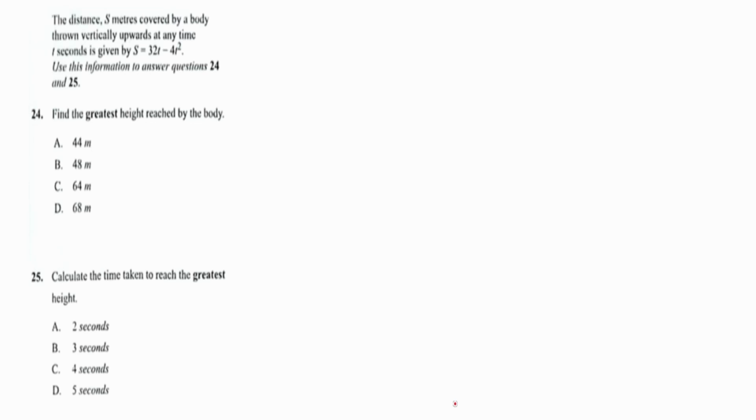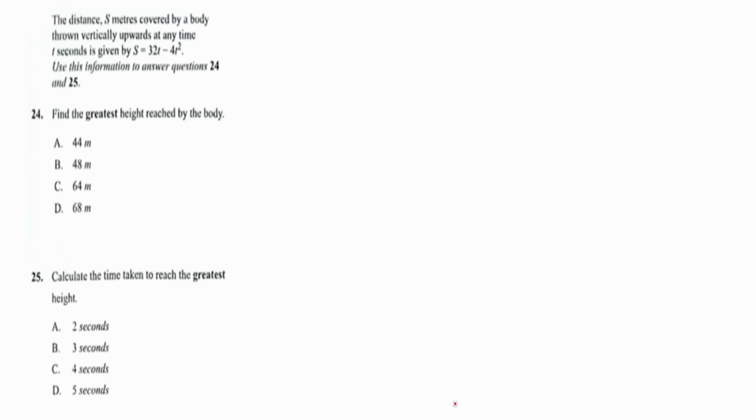Let's go straight to questions 24 and 25, and it has the problem or preamble stated that the distance s meters covered by a body thrown vertically upwards at any time t seconds is given by s equals 32t minus 4t squared.